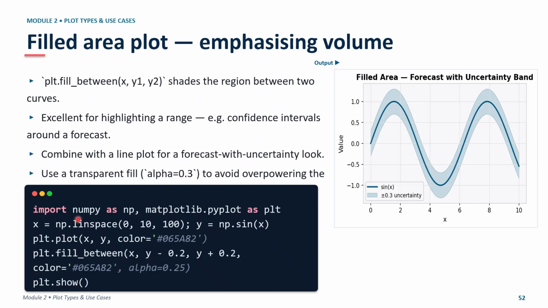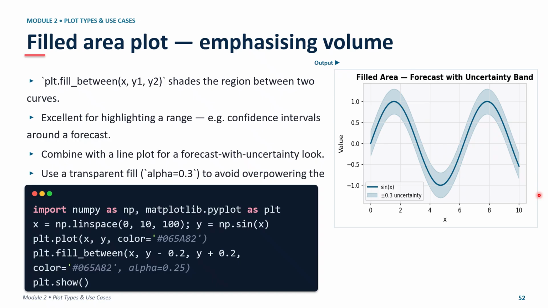So here you can see the code np.linspace of 0, 10, 100, and I have made the sine curve, and fill_between is the method used here. You can pass the arguments x and y. X is the x-axis values.